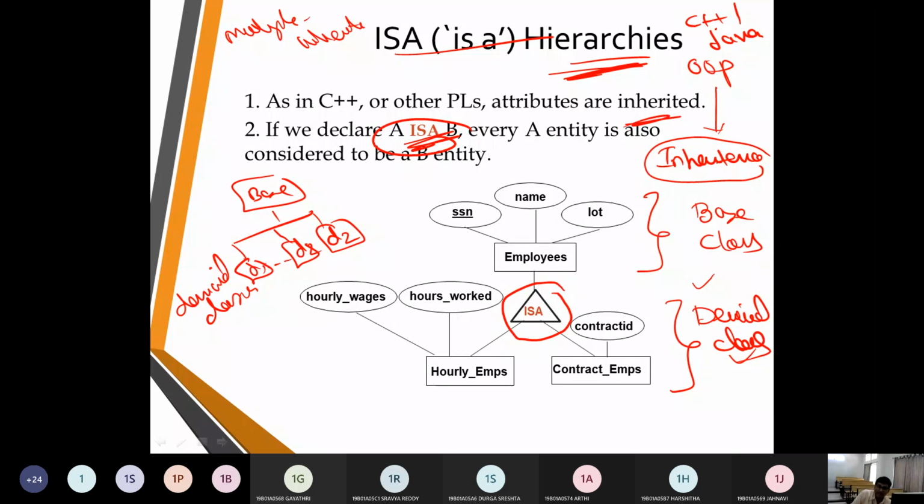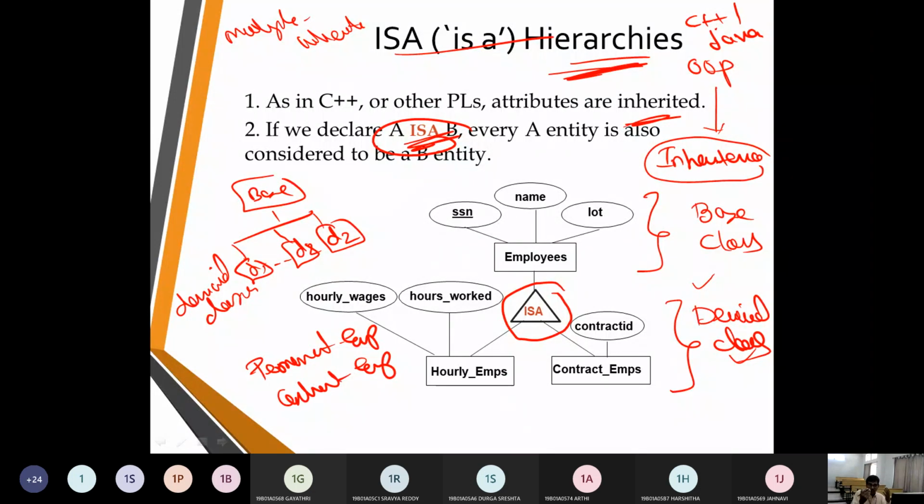Now we should understand there are two kinds: one called permanent employees, another we are going to call contract employees. Let us take the scenario in our college.